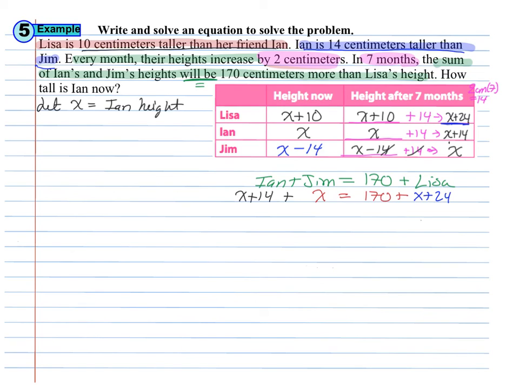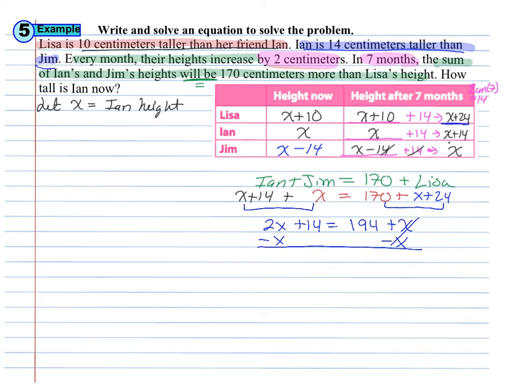And now you just have an equation where you can combine like terms. These two are like terms on the left side. So we have 2x plus 14. These two are like terms. So we know that 170 plus 24, that's 194 plus x. We're going to subtract the x to the left side because we want to solve for the variable.